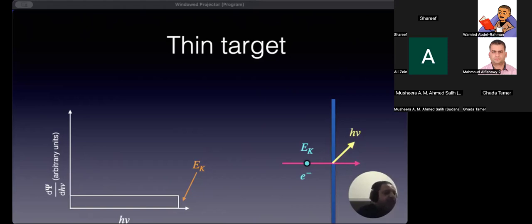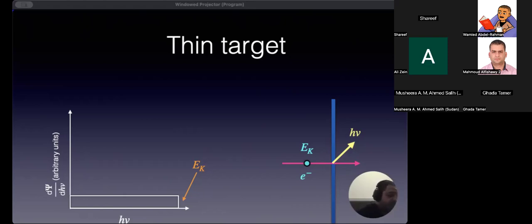Now, if we look at the energy fluence of the photons being emitted from this thin target, we will find it's a constant value. What does this mean? It means, for example, for every one photon produced of 100 keV, we're going to have 100 photons with energy of 1 keV.